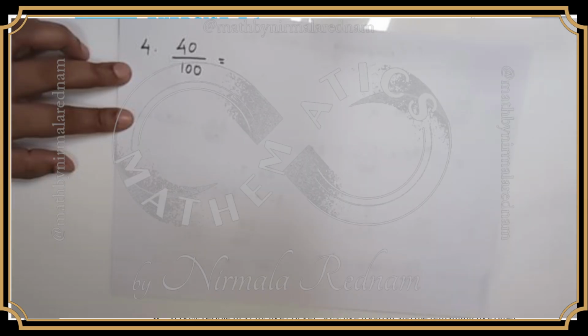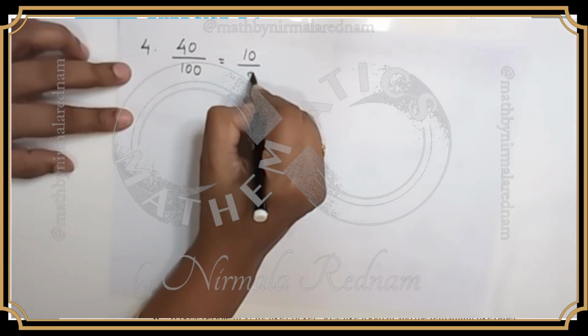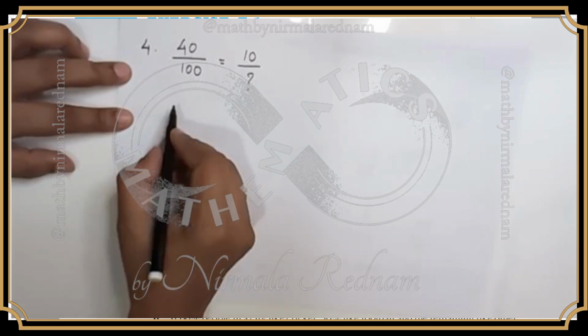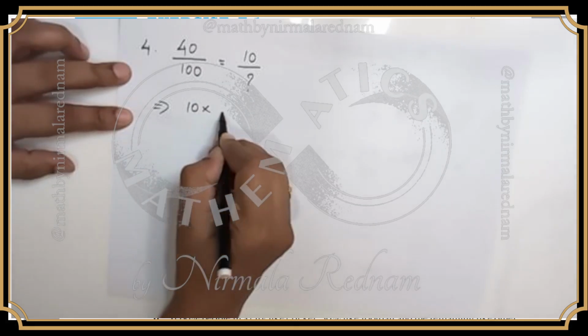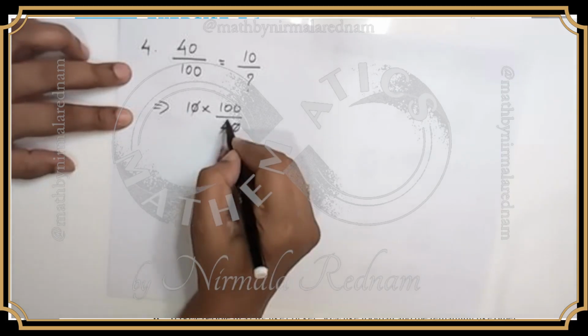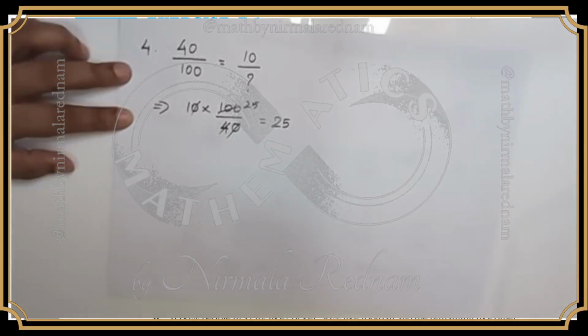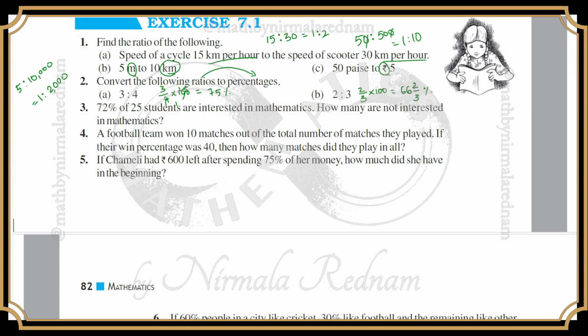So 40 out of 100 is the same as 10 out of how much? Correct? So now if I cross multiply, I'm going to get 10 into 100 by 40, okay, which is nothing but 25. So this is the number of matches that they played in all. Okay.